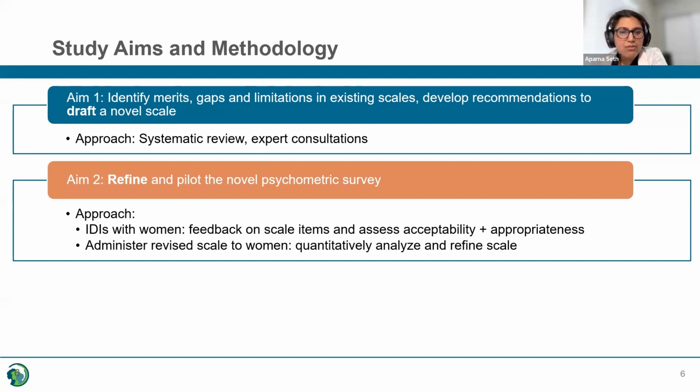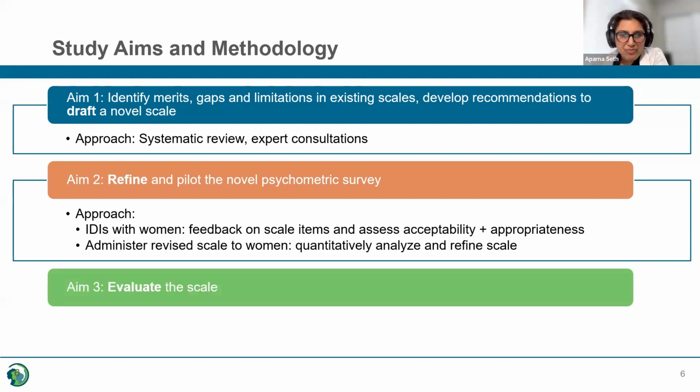We also assess the acceptability and appropriateness of a scale like this being embedded in their reproductive health counseling when they visit providers. Following that, we intend to revise the scale and then administer it to women. This will be a quantitative survey, and we will do some scale evaluation at this stage.